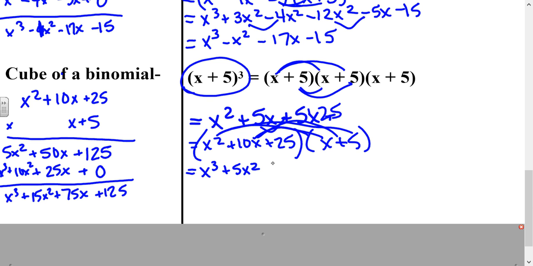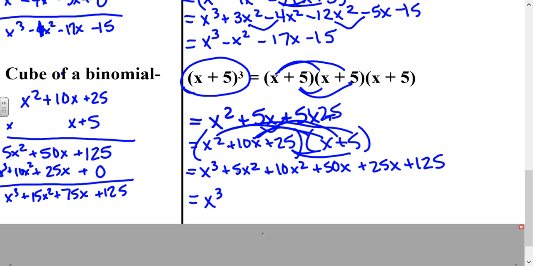So 10x times x would be 10x squared. 10x times 5 would be 50x. And 25 times both numbers. So 25x. And then 25 times 5 would be 125. So if I combine all the like terms, I get x cubed plus 15x squared plus 75x plus 125.